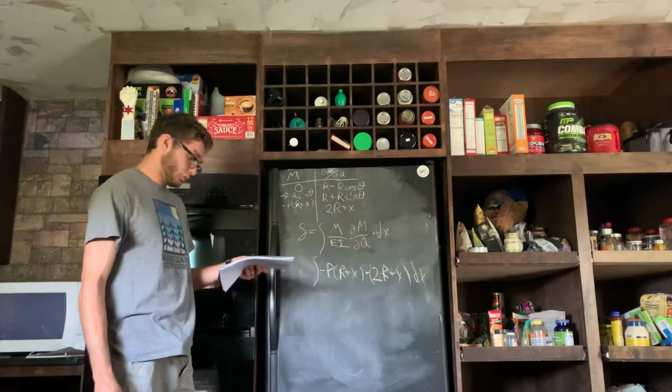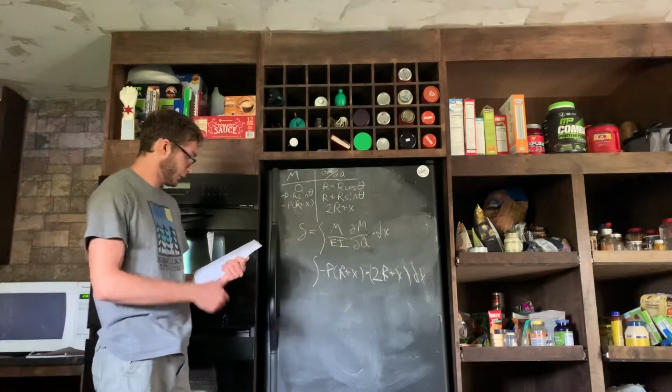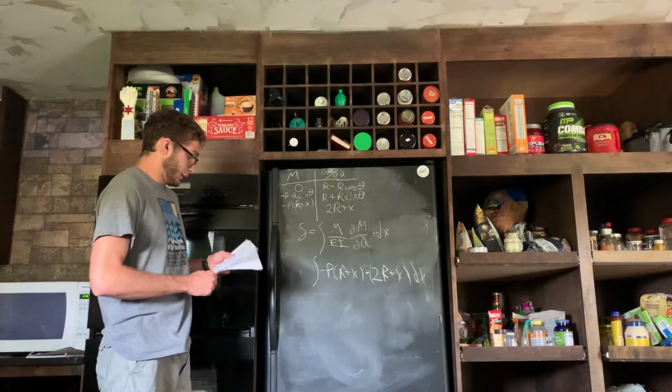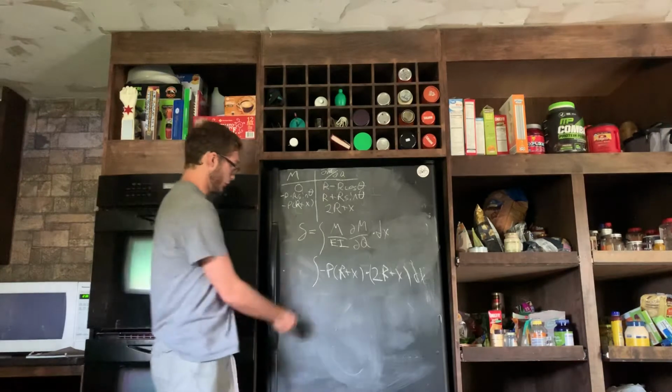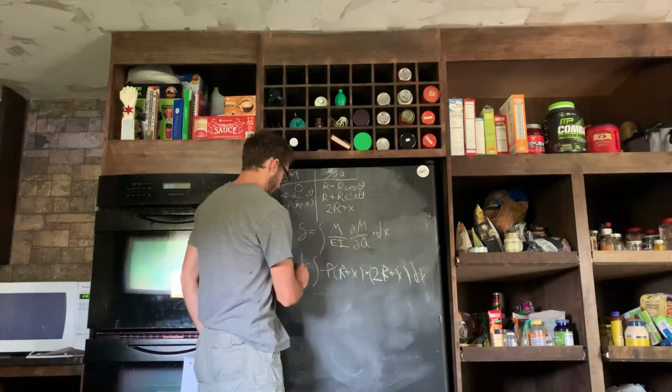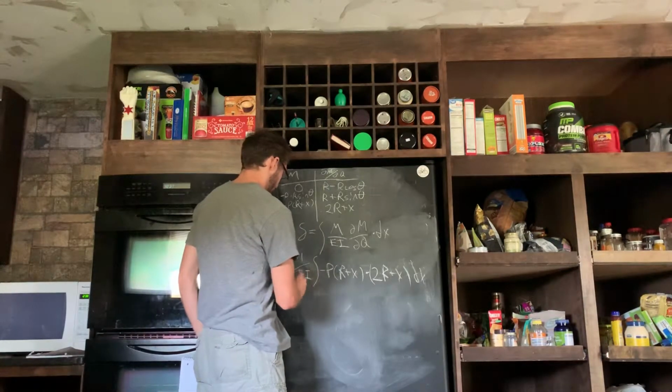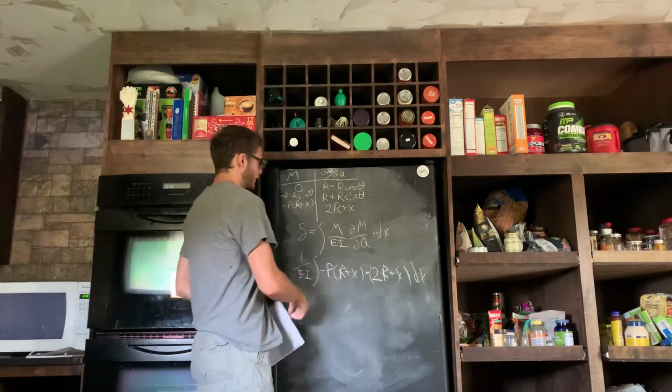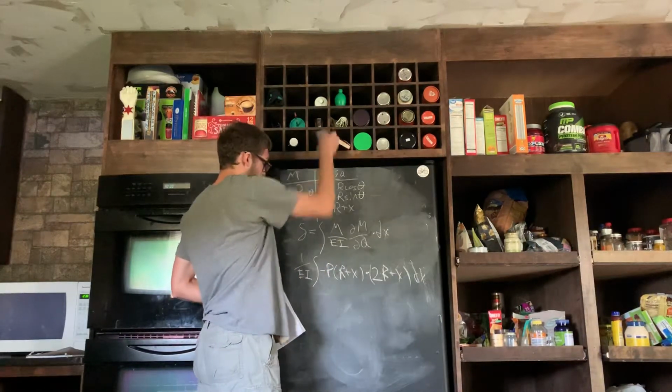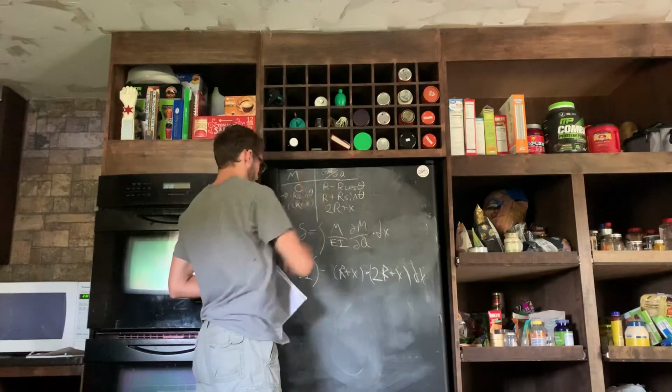Pretty sure that should be the right one. So we took out the 1 over EI. P is also constant, so we can remove that as well.